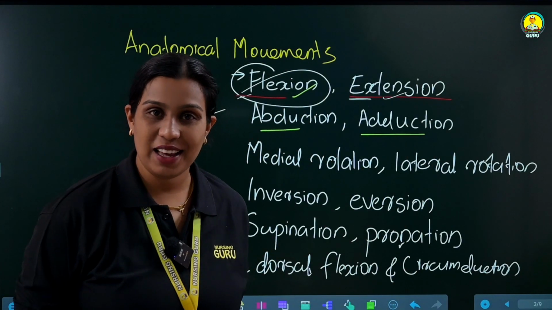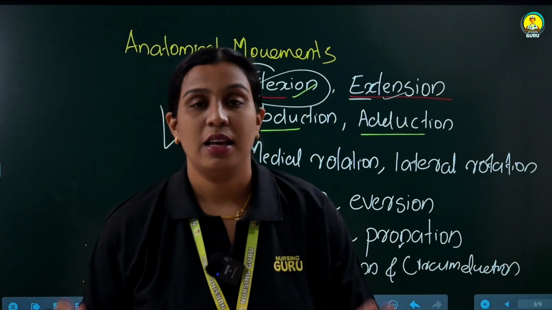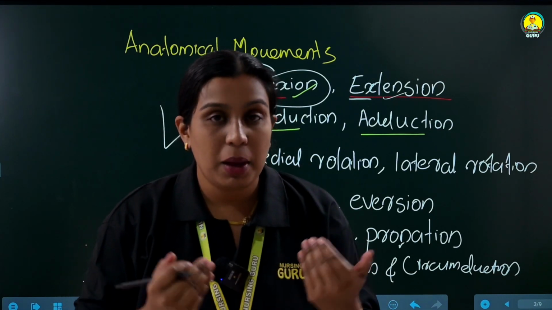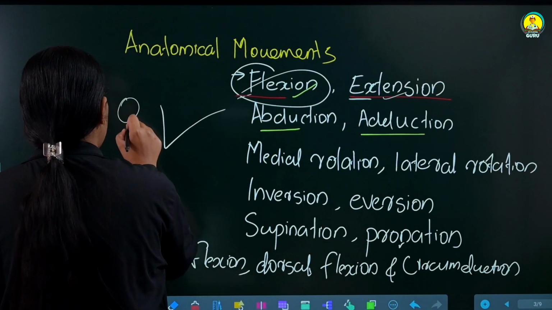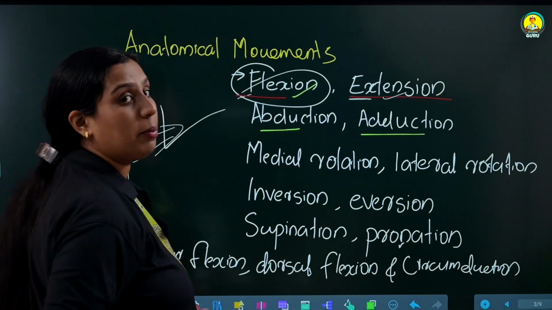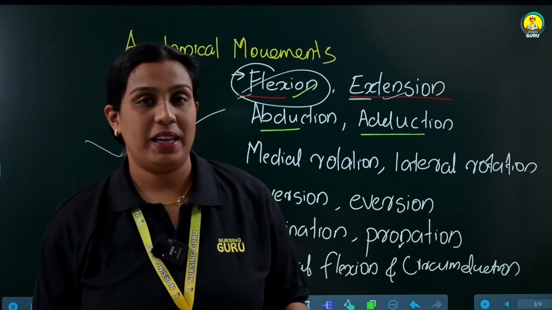Do you have any idea about abduction and adduction? Okay, I will tell you. Abduction means moving a body part away from the midline, an imaginary midline. The movement away from the midline is known as abduction. Hope it is clear.